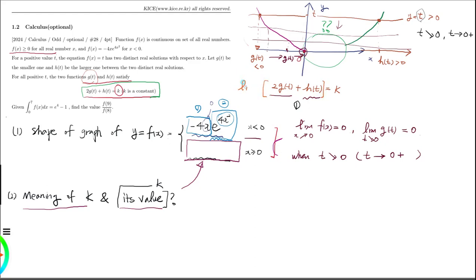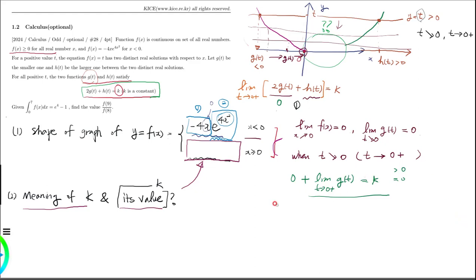As t goes to 0 plus, 0 plus here will be 0, and then we have some limit value. It will become k here. So k could be 0 or it could be positive. It depends on the value of k.